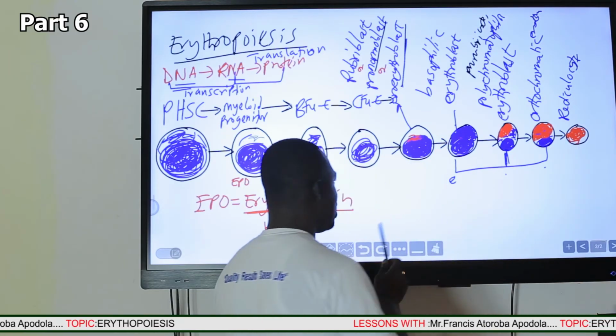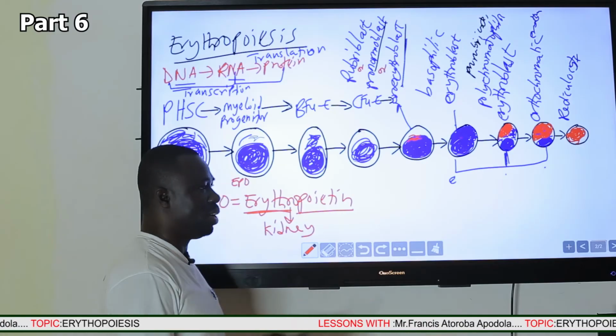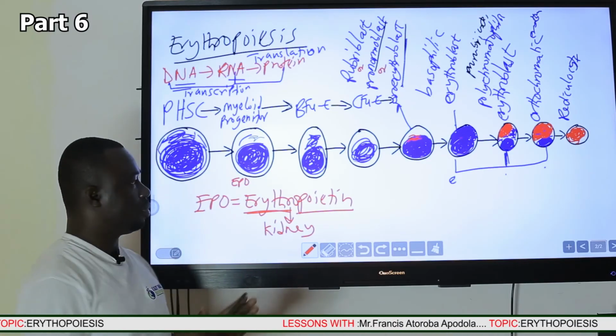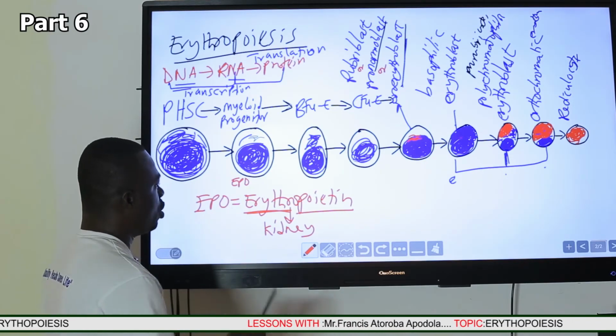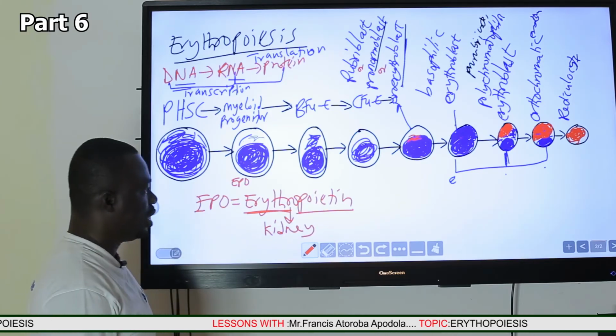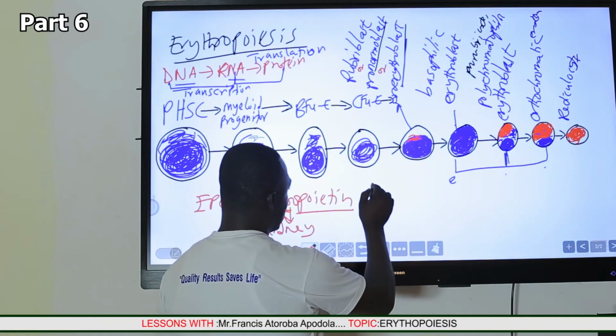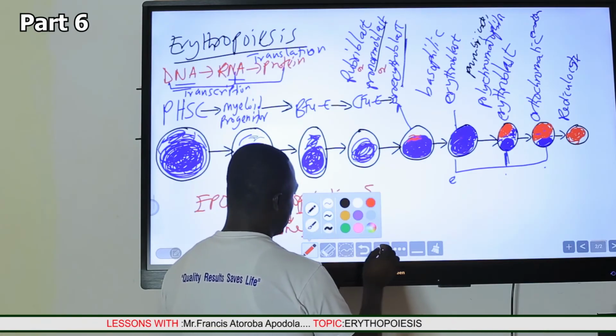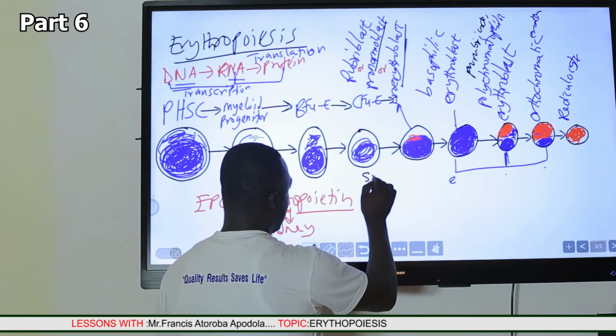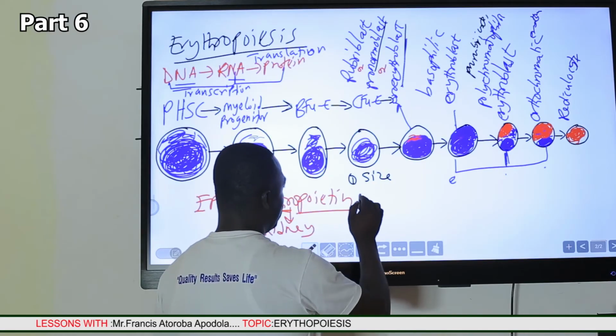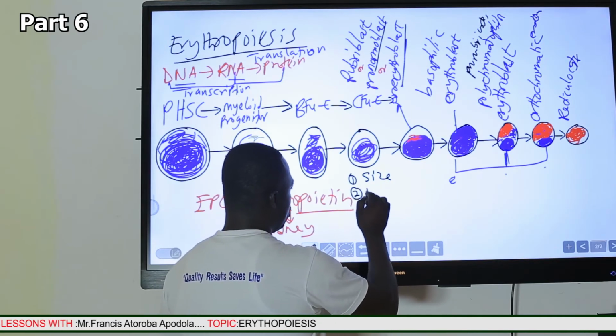So there is something we need to also understand when it comes to the cell lineages. When it comes to erythropoiesis, it has to do with the size of the cell, number one, and the nucleus size.